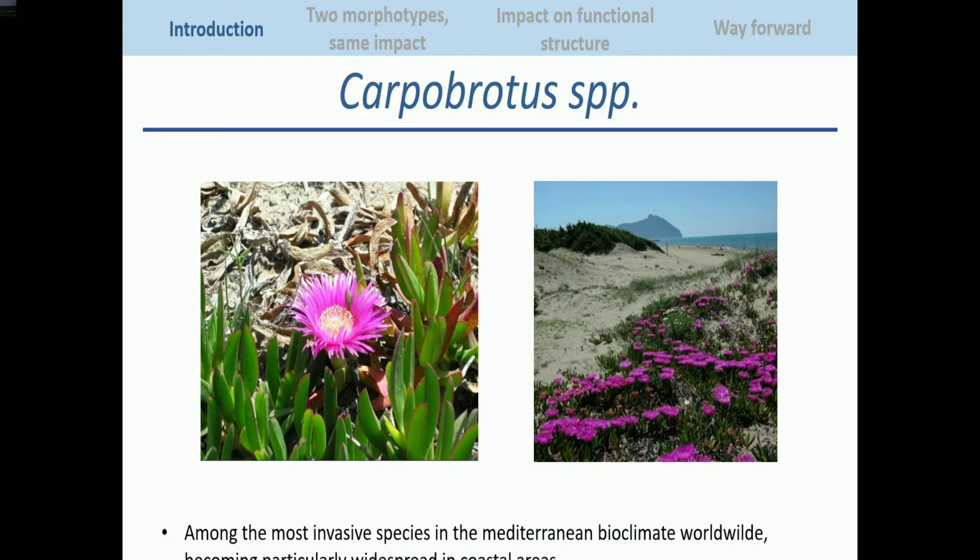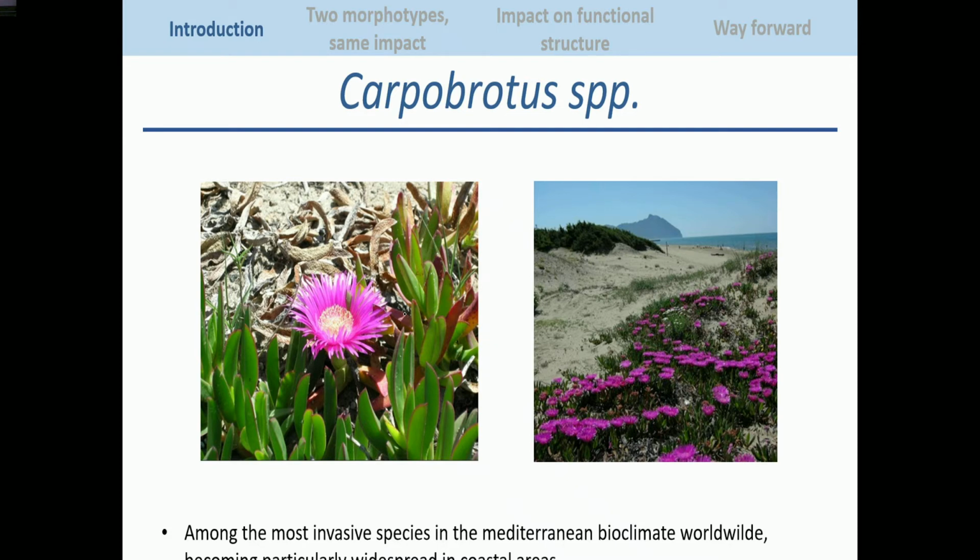But it was also introduced because of its stabilizing effect on the sand. It forms really tight mats, and therefore, when it was first introduced, people believed that it was useful to have it so that the sand would stay. So they were actually trying to preserve the sand dunes.